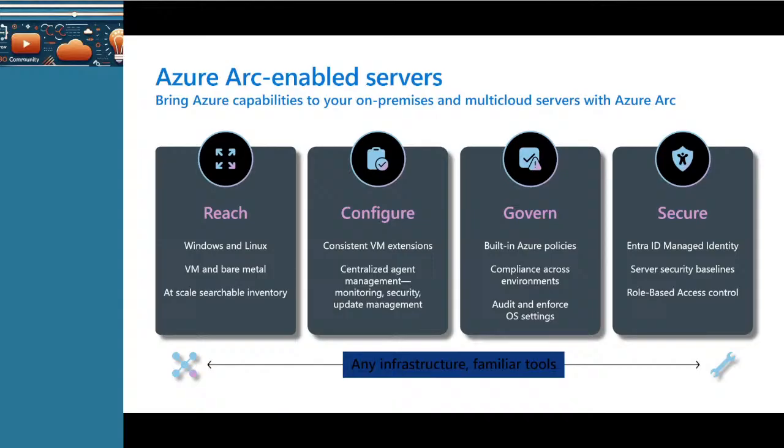So from day one, it can all be done automatically. Another example could be, the moment our machines are onboarded, enable the MDE extension. You can have as many policies as you want. As you know, there are built-in policies and there are custom policies, so you can leverage both of them.